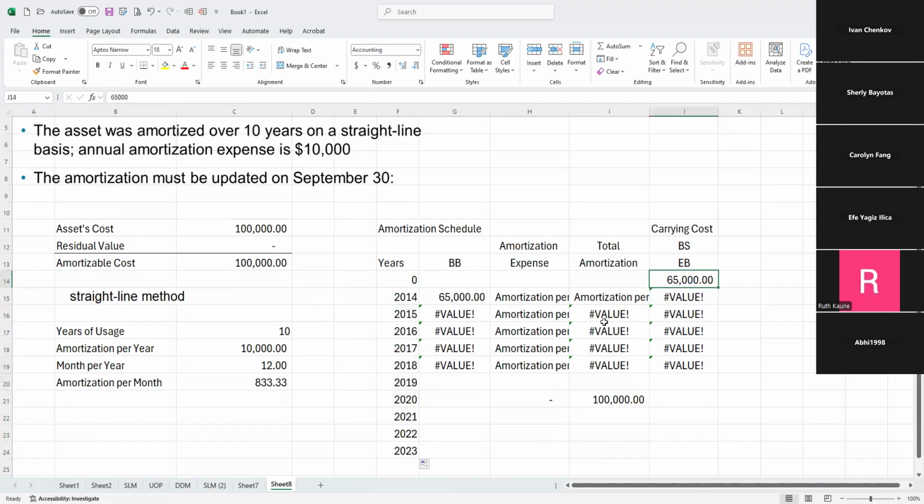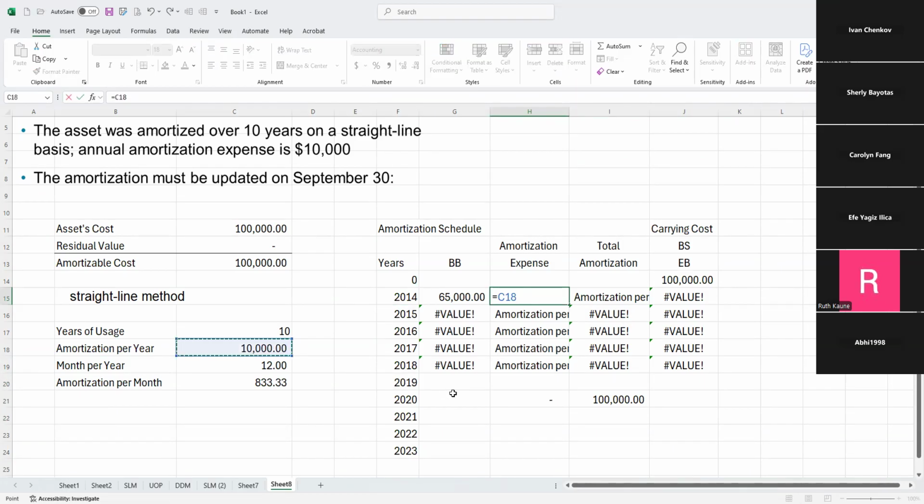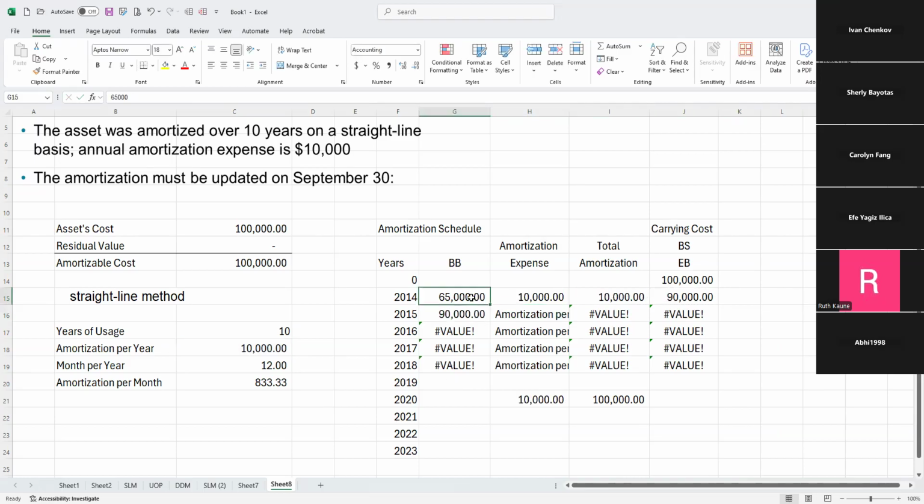What's our beginning balance? We have to amortize $100,000. What's the amortization per year? $10,000. So that will be equal to that $100,000. Then total amortization, the value 90.